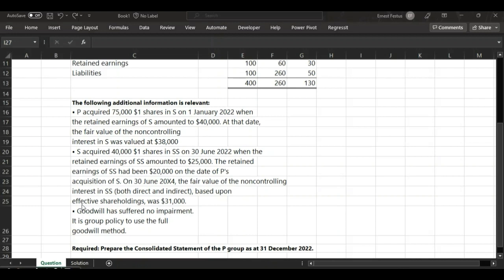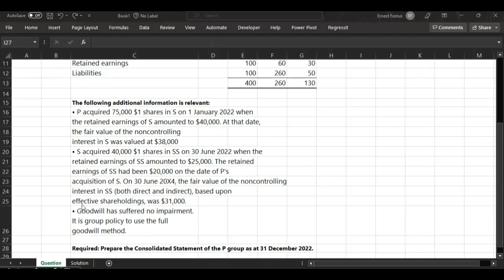The retained earnings of SS had been $20,000 on the date of P's acquisition of S. On 30th June 2022, the fair value of the non-controlling interest in SS, both direct and indirect, based upon effective shareholdings, was $31,000. Goodwill has suffered no impairment. It is group policy to use the full goodwill method.